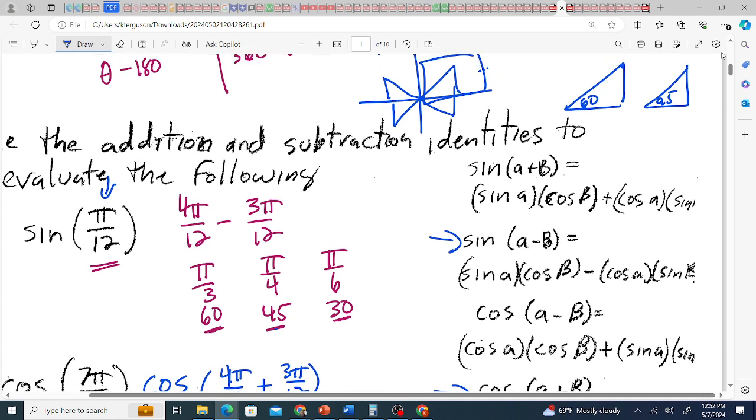So now what are we doing with that? Why did we do that? Well, because we've got these addition and subtraction identities that say if I got sine of two things that are added, in order for me to find the actual value, I use this formula right here.